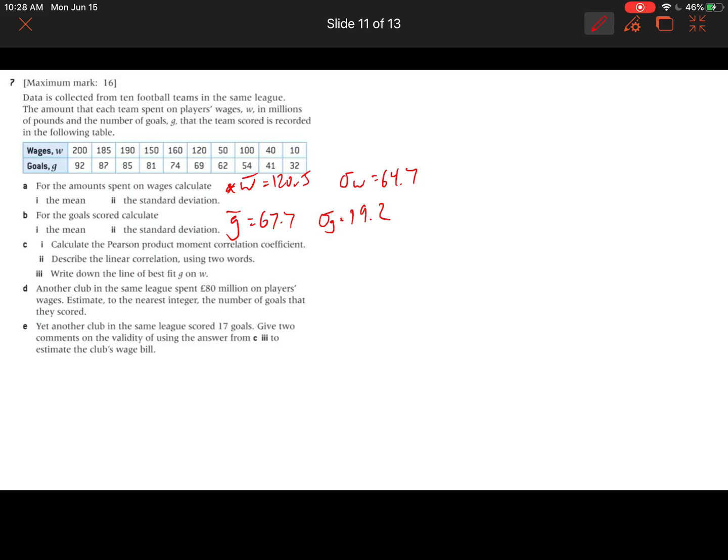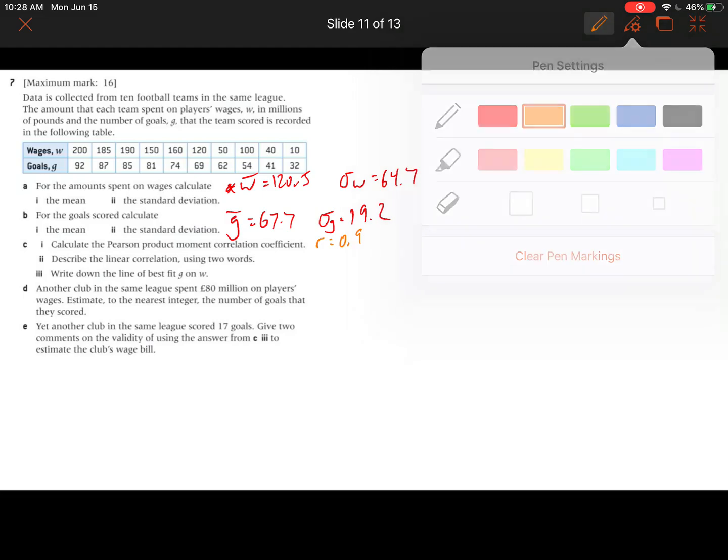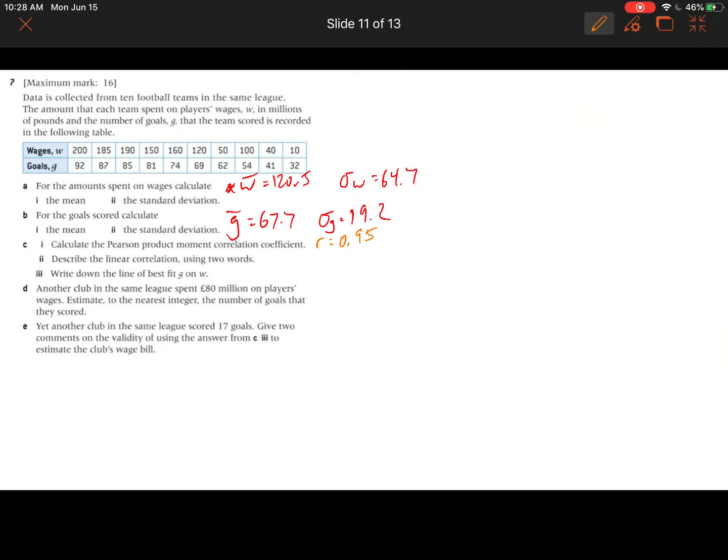Anyways, y1 is approximately equal to a x1 plus b. According to this, R is approximately 0.94. I guess it should be rounded to 0.95.